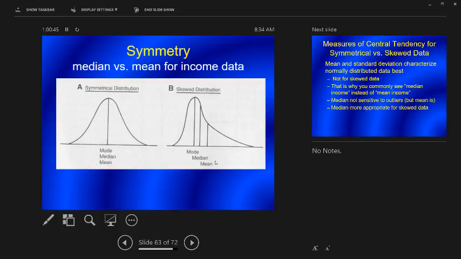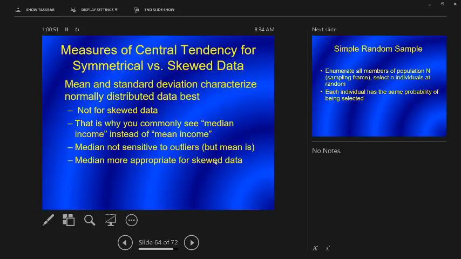So when you have a right skewed distribution, you commonly use the median to describe the center instead of the mean. If you look in almanacs, income is usually reported in terms of the median income instead of the mean income, because they know that income is highly right skewed, and so a better representation of the middle is the median for right skewed data.